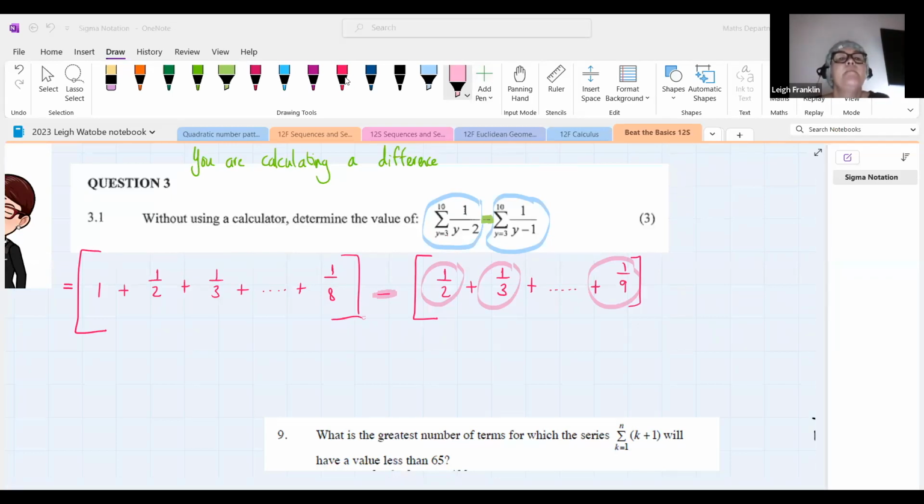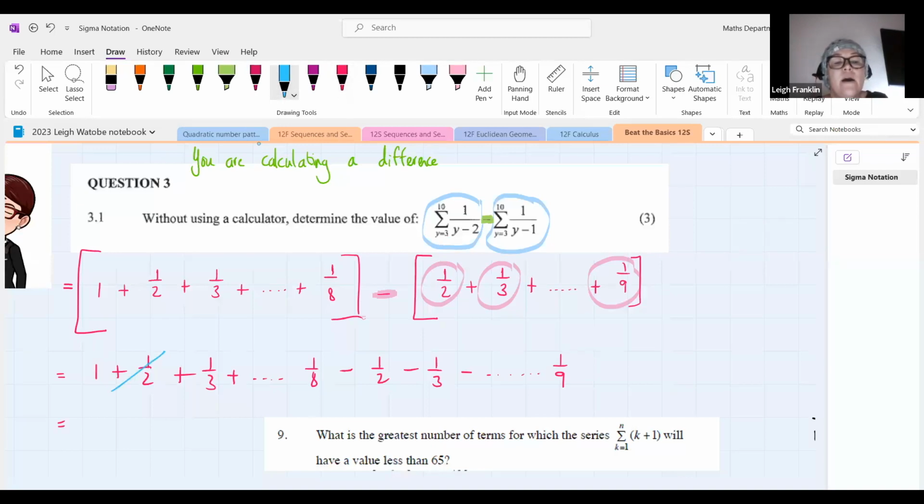So think about the pattern that's going on here. You've got 1 plus a half plus a third plus a quarter plus a fifth plus a sixth plus a seventh plus an eighth. And now you are going to minus a half and minus a third and so on, including the 1/9. So this half over here minus that half over there is going to add up to 0.